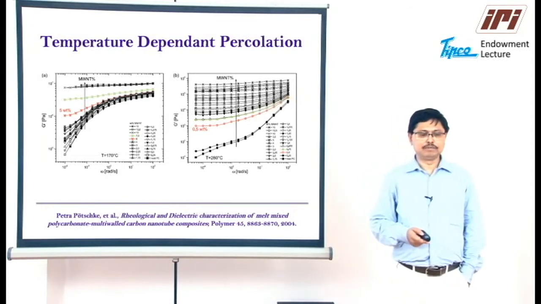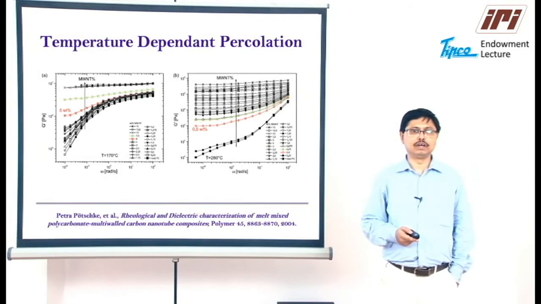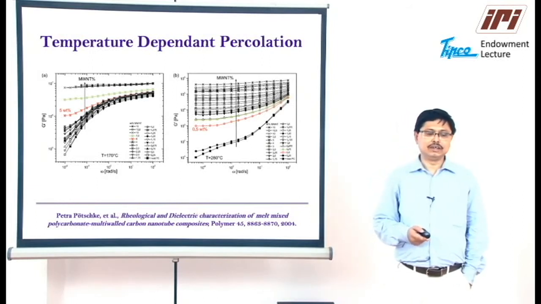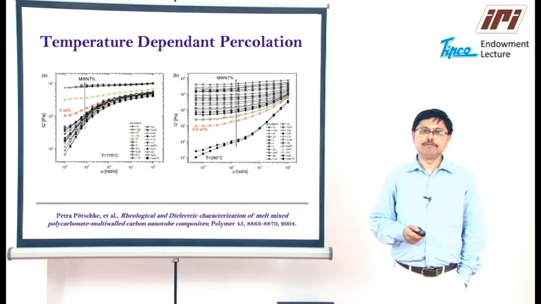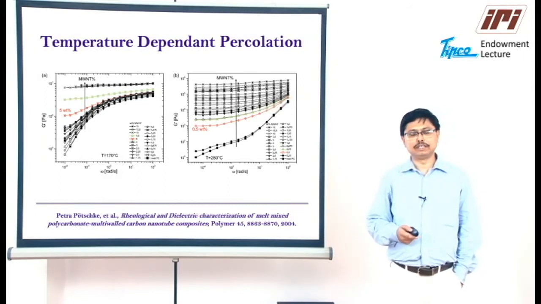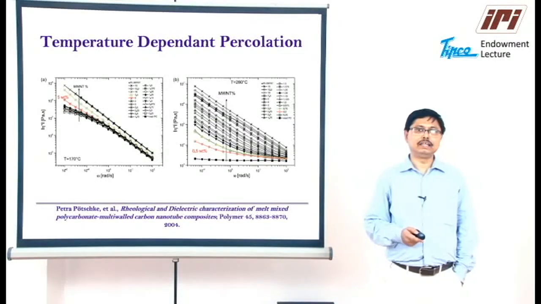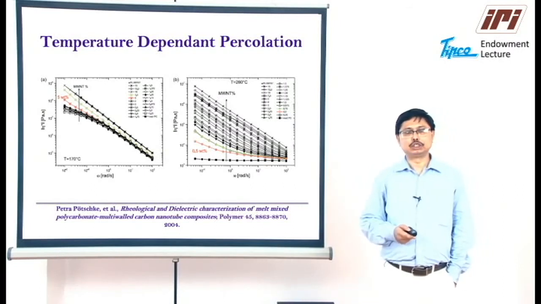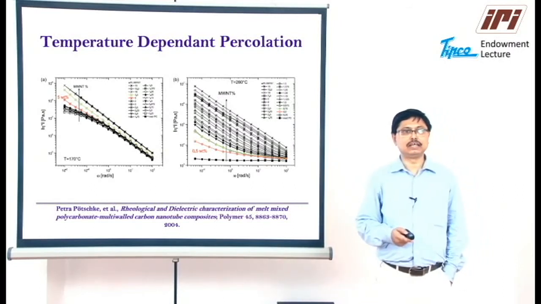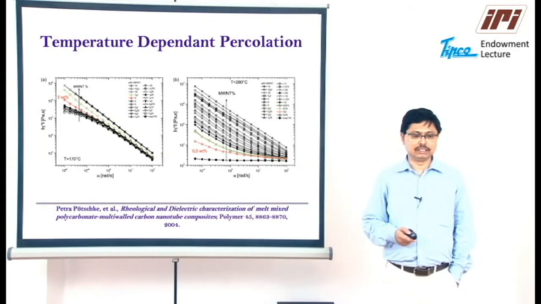So these polycarbonate materials with varying percentage loading of multi-wall carbon nanotubes showed that the rheological percolation is different when the experiment was carried out at 170 degrees centigrade versus 280 degrees centigrade. Based on all these observations, one can find a difference in the storage modulus versus frequency as well as the complex viscosity versus frequency behavior in this composite material.